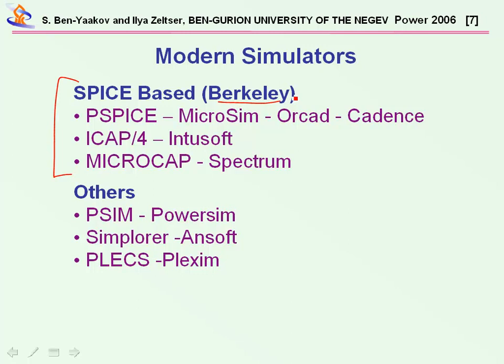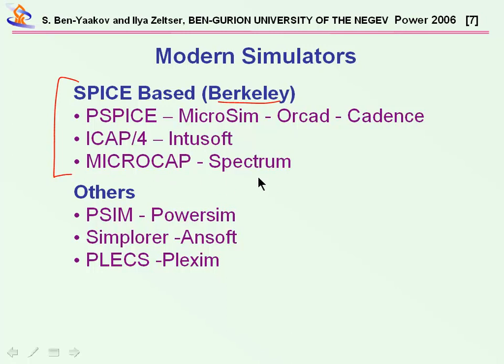And then, of course, all the companies that are using these cores have expanded it, added interfaces, and made it more user-friendly, with other features added to it. In this class, we have the PSPICE, which is the most known, I guess, and very popular. We have ICAP by Intusoft, and we have MICROCAP by Spectrum Company.